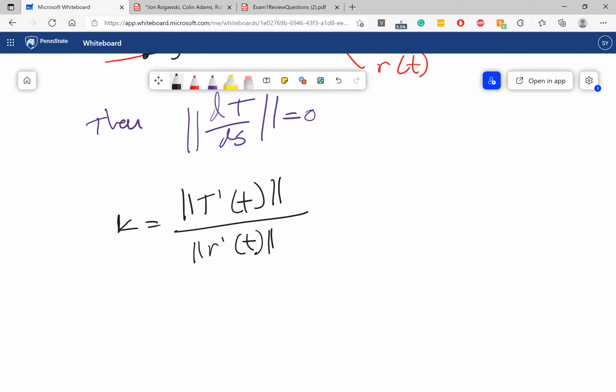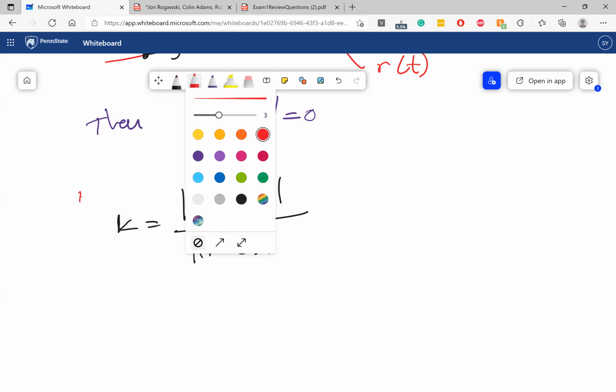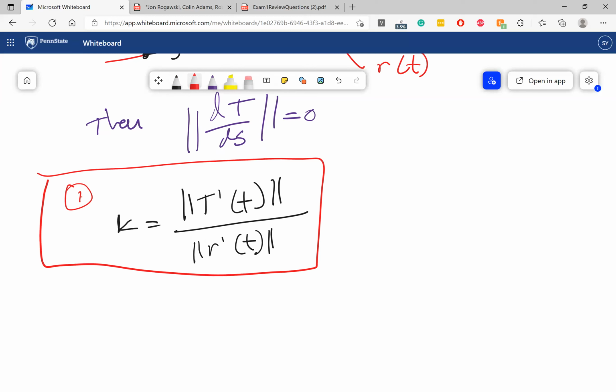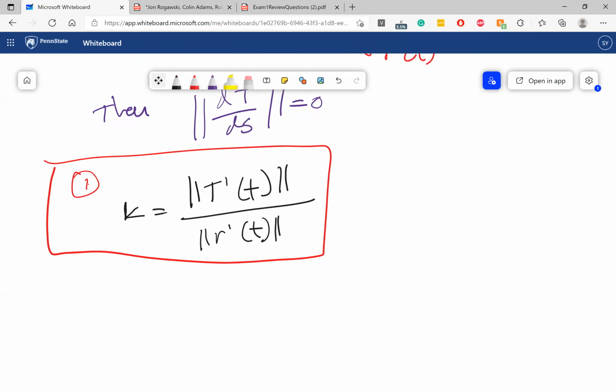I'm going to call this formula 1. So if you're given your R of t, you need to find R prime of t, then divide by its magnitude, and that will give you T of t, which is R prime of t divided by the magnitude of R prime of t.